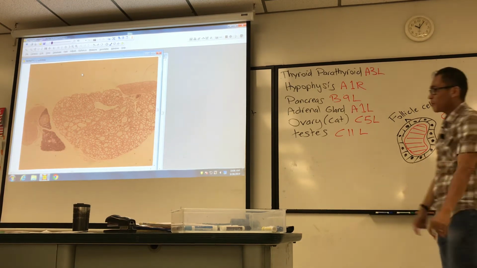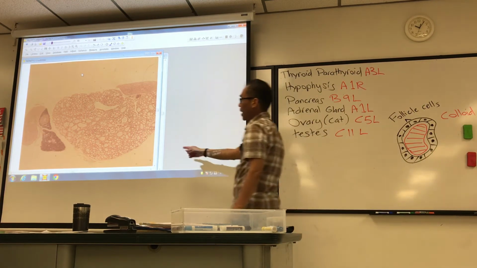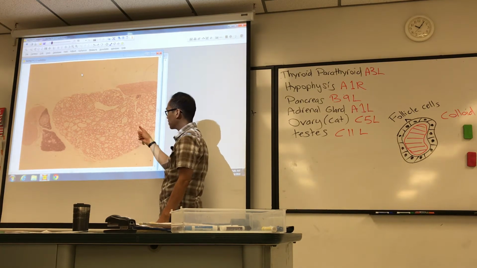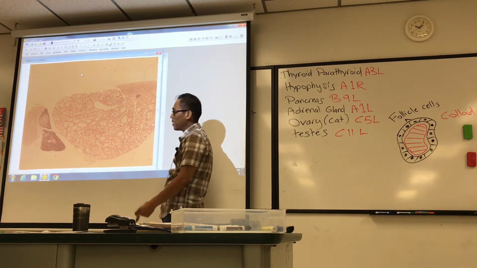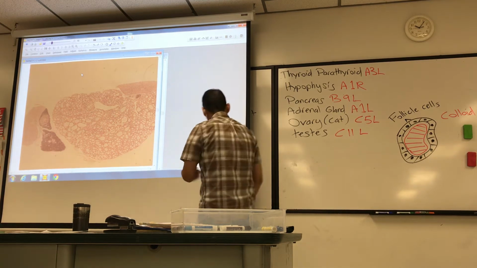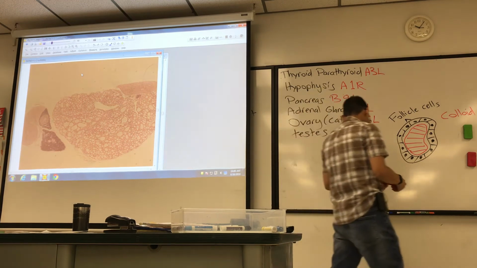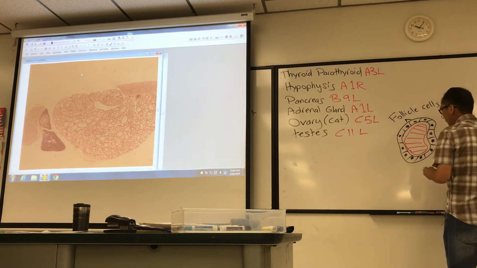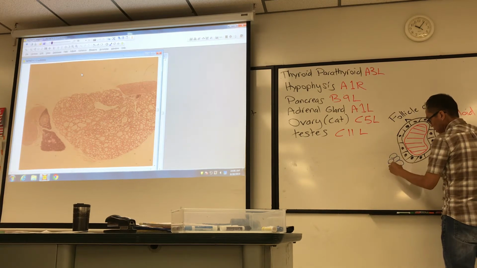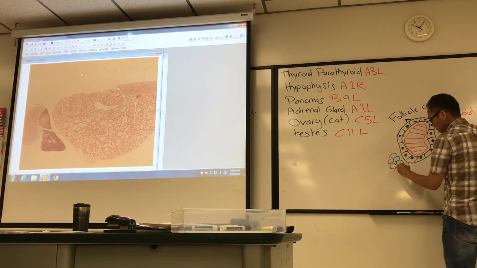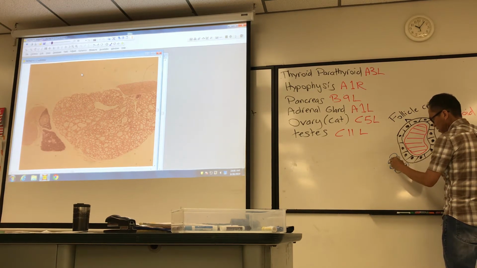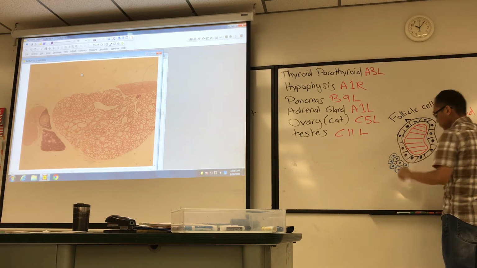So that's why on the microscope slides, you see all of these masses in the middle. You can even make them out at low magnification. Now, when we go to high magnification, we're going to see these little clumps of cells outside the follicle. I drew them as blue cells.